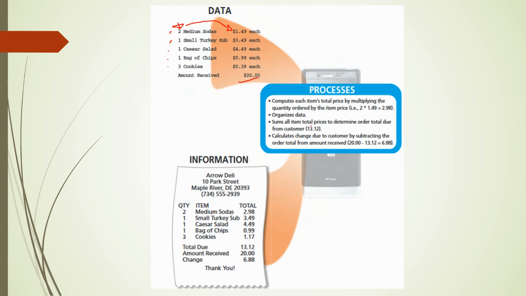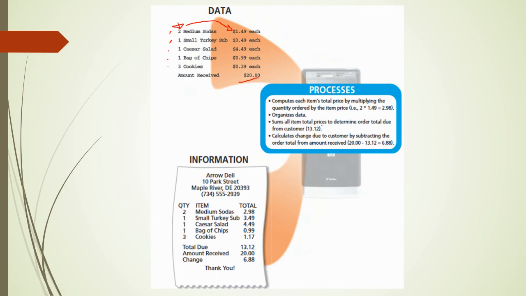And it organizes the data. So i-arrange na siya, i-table, or whatever format the user wants. And then i-sum niya ang total sa prices. So that is still part of the process, and determine the order total.